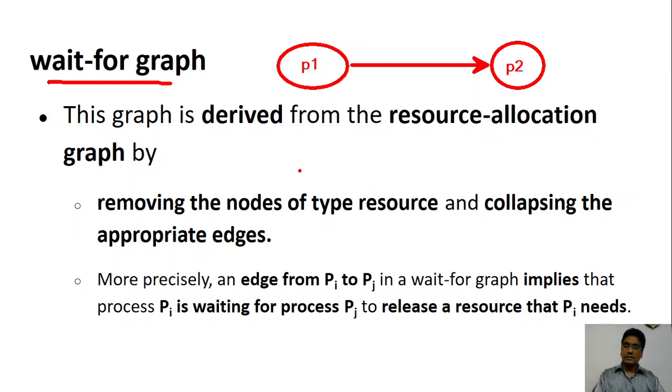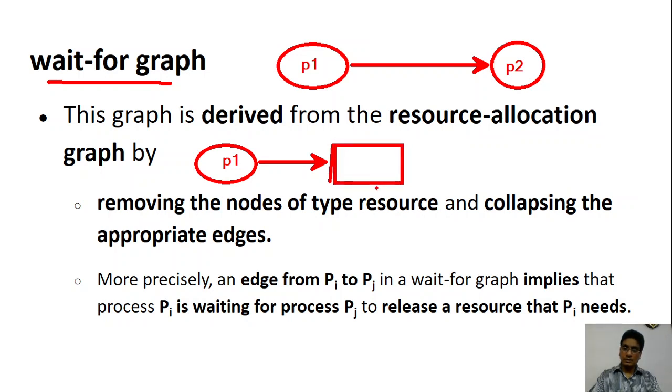The meaning is that process P1 is waiting for a resource, let's say R, which has already been allotted to process P2.